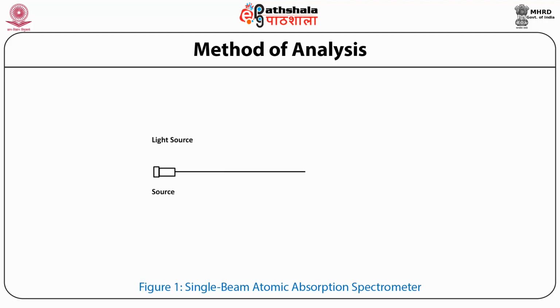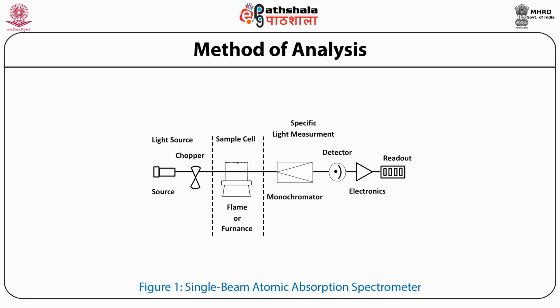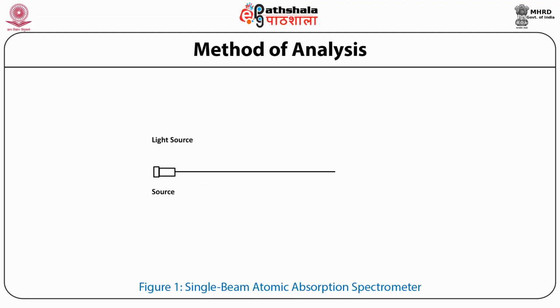This is a representation of a single beam atomic absorption spectrometer. It contains a source of light with a chopper, that means selector of wavelength, a sample cell, and flame or furnace, followed by a monochromator which selects the wavelength of the emitted light, then fed to the detector which analyzes the light, a detector which may be a photomultiplier tube or other CCDs, then the recorder and readouts.